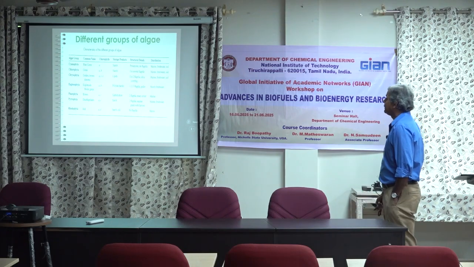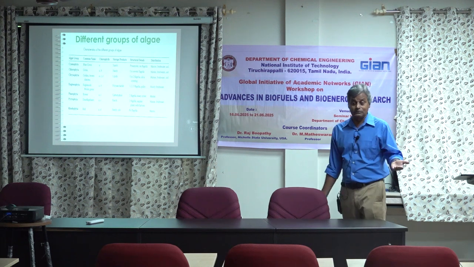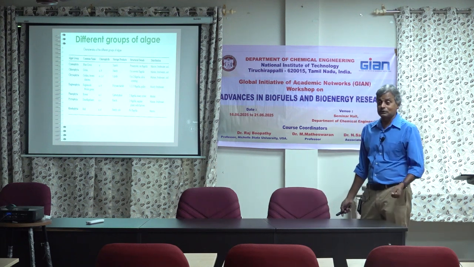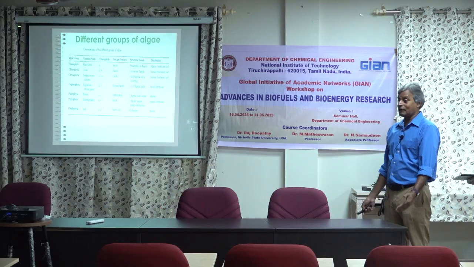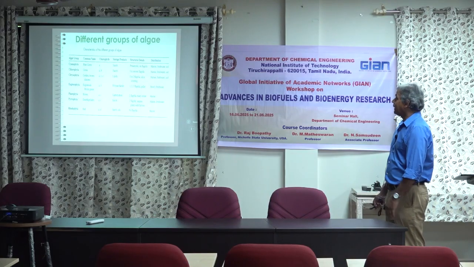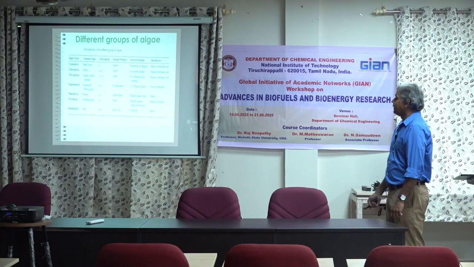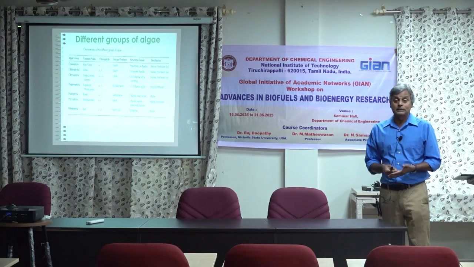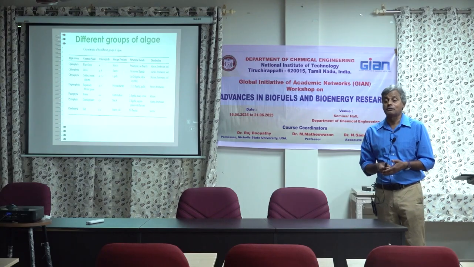Okay, there are some structural differences between these algae. Some have flagellum, so they use a flagellum to move around. Some have no flagellum. Some are multicellular. Some are single cellular, and there are a lot of differences between these groups. Another difference is that some algae are marine, saltwater algae, some are freshwater algae.